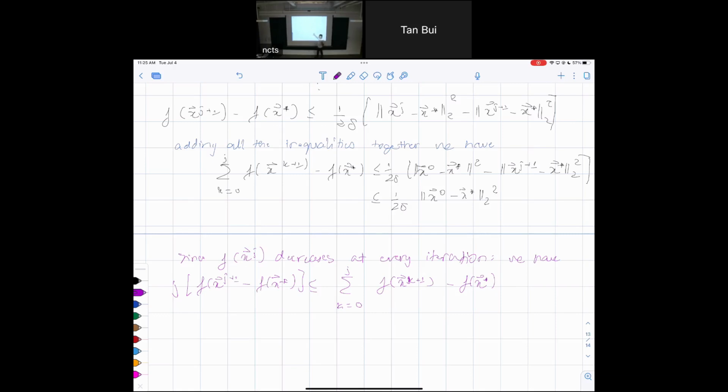It is j plus 1, that's correct, not j. And each of them is greater than this, so the sum is greater than j plus 1 times this. Everybody okay with that? Every term in the sum is greater than this.